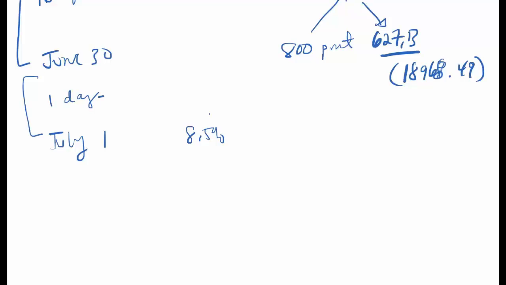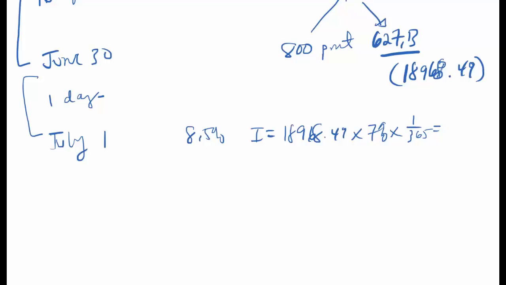There's no payments here, but we still need to calculate the interest because at this point there's an interest rate change. So 18,968.49 times, this is the last day at 7%, times 1 day out of 365.